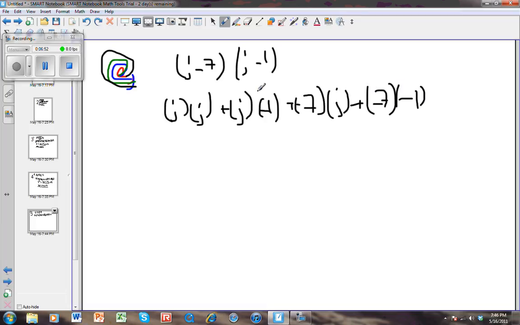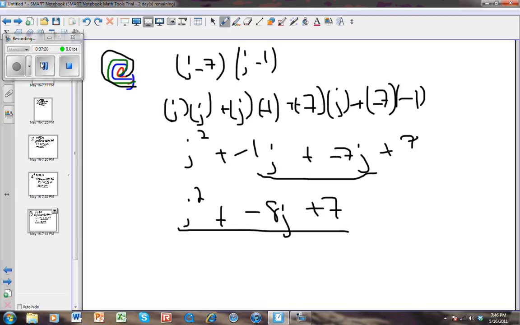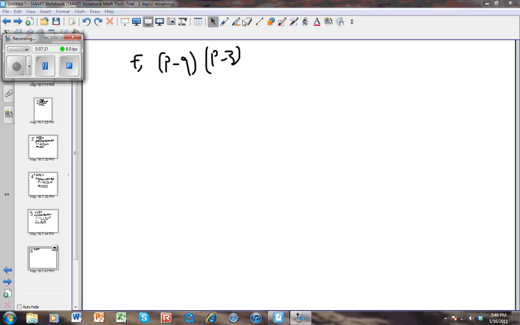All right, done. j squared plus negative 1j plus negative 7j plus positive 7. Now simplify this further. Negative 1j plus negative 7j becomes j squared plus negative 8j plus 7. Done.